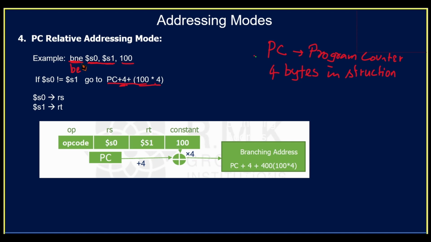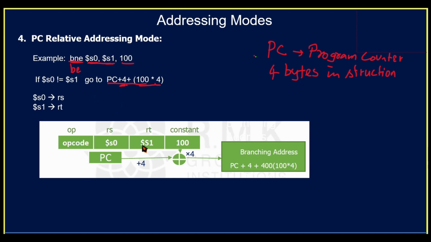This is called a mnemonic. Mnemonic is the short form, or you can say the symbolic representation of the instruction. So it is branch on not equal, branch on equal. So this is providing conditional branching of execution.